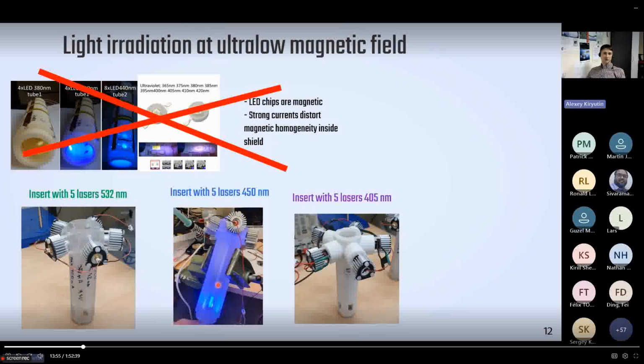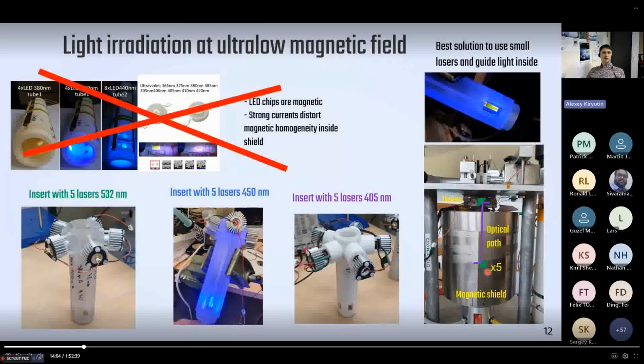So I decided to place the light source outside the magnetic field and deliver light using 2 mirrored surfaces, as is done in a periscope. This approach required the use of small diode lasers with non-divergent beams.